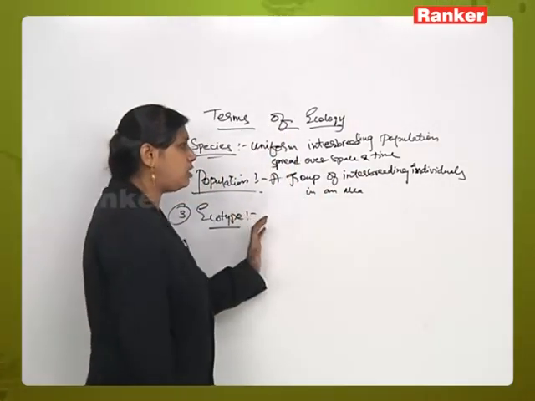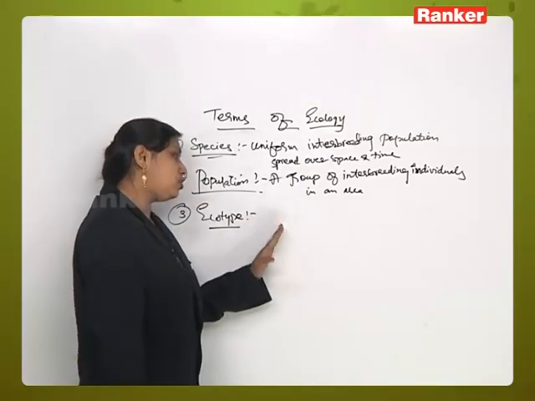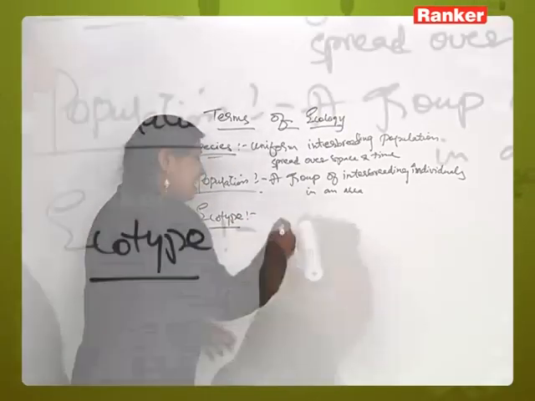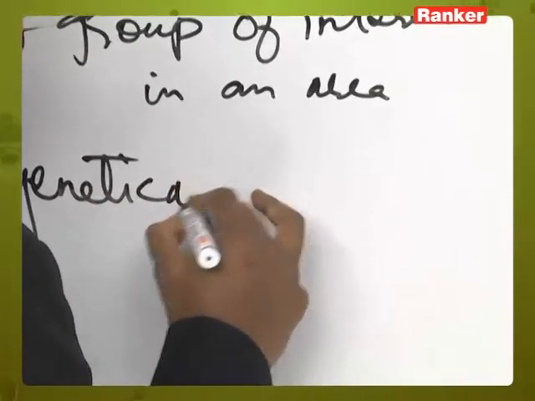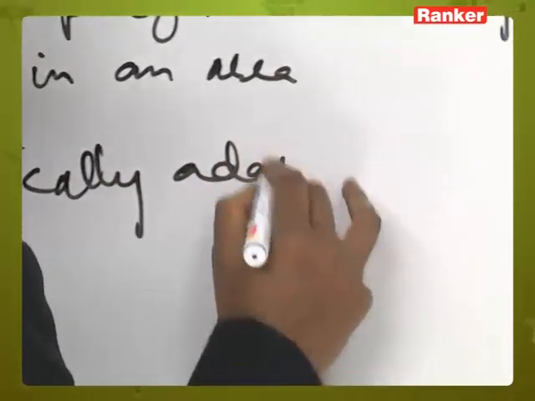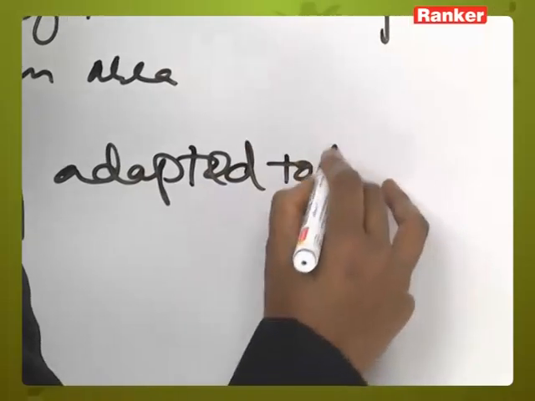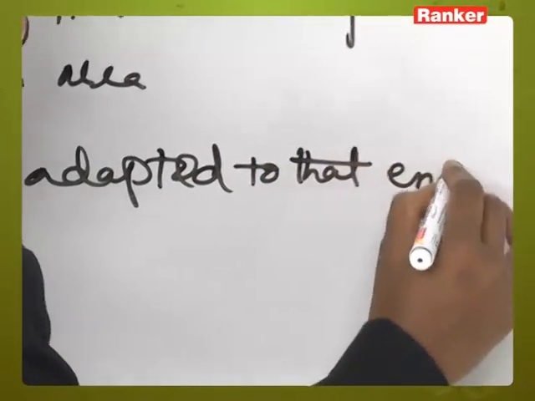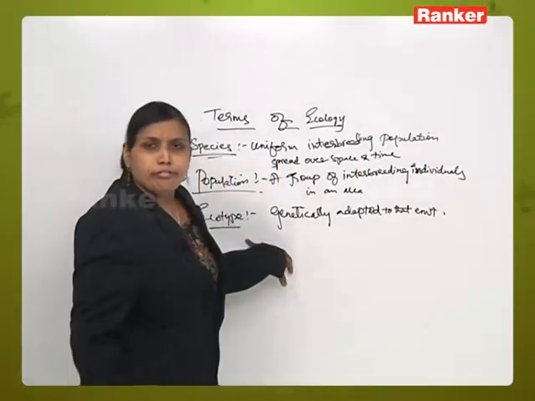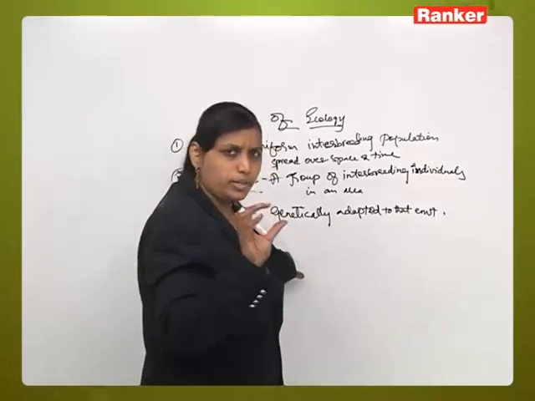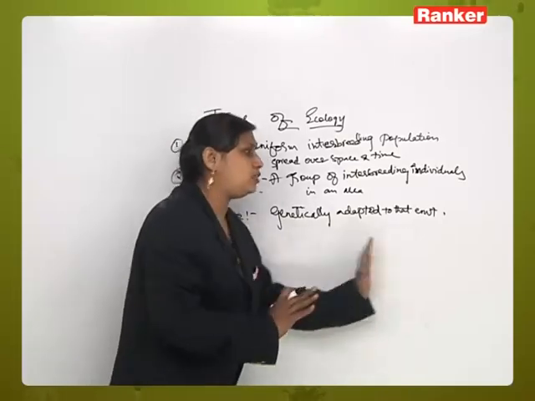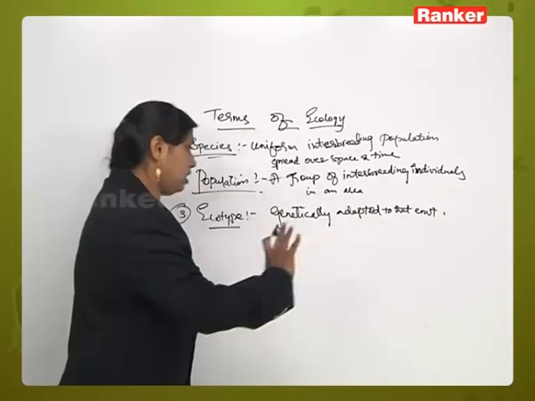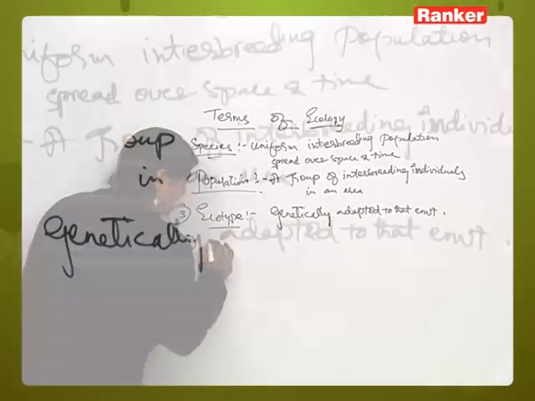So a population of individuals of a species which is genetically adapted to that environment is called an ecotype. The fourth one is ecad.